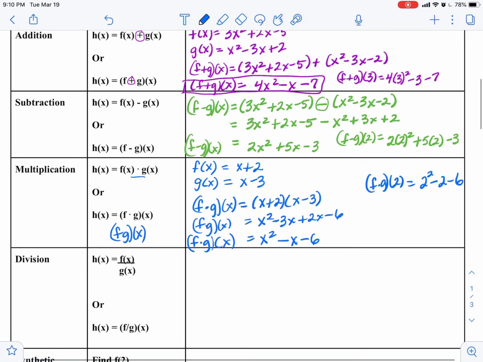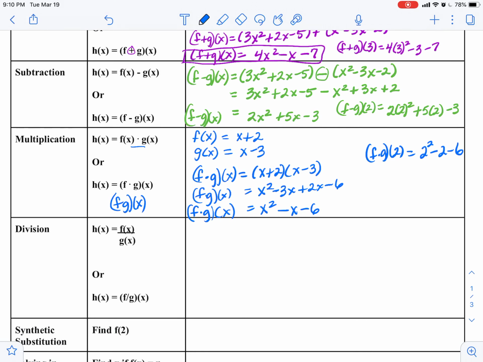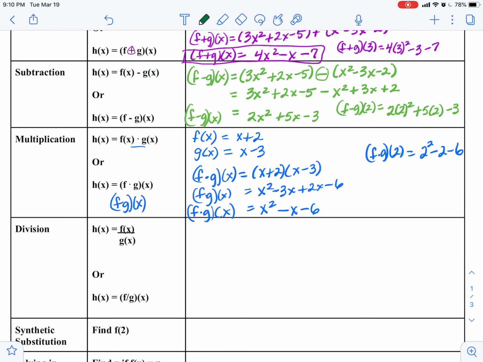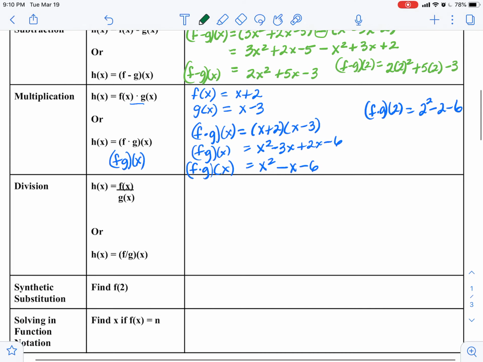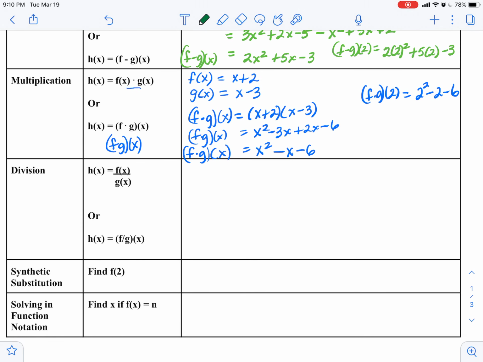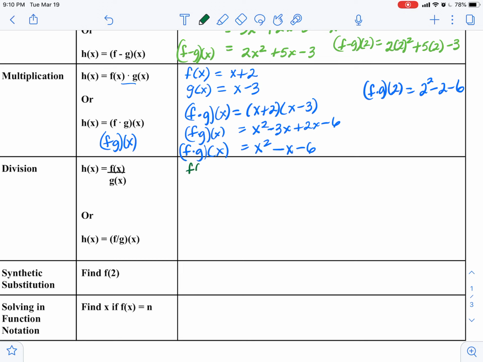And then our final one is our division problem. And this one could look like multiple ways. I'm going to show you the way that we will see it more so later on. So I'm going to give you this time your f of x as being, let's see, what do I want it to be? x squared plus 2x minus 3.